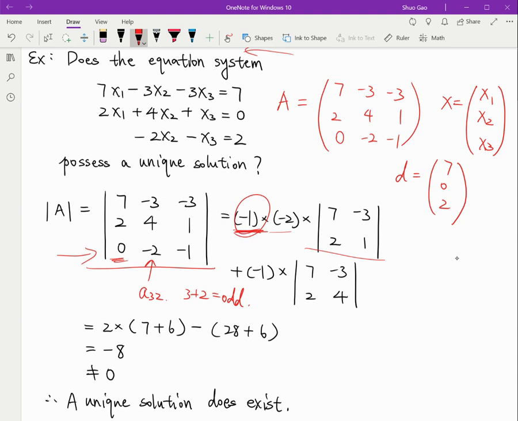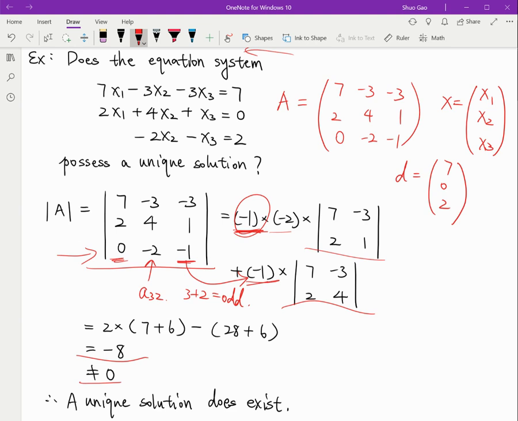And then plus minus 1. So this minus 1 is the coefficient here, right? It's an element here, right? So plus minus 1 times the subdeterminant. So this should be minus 8. And it's not 0.